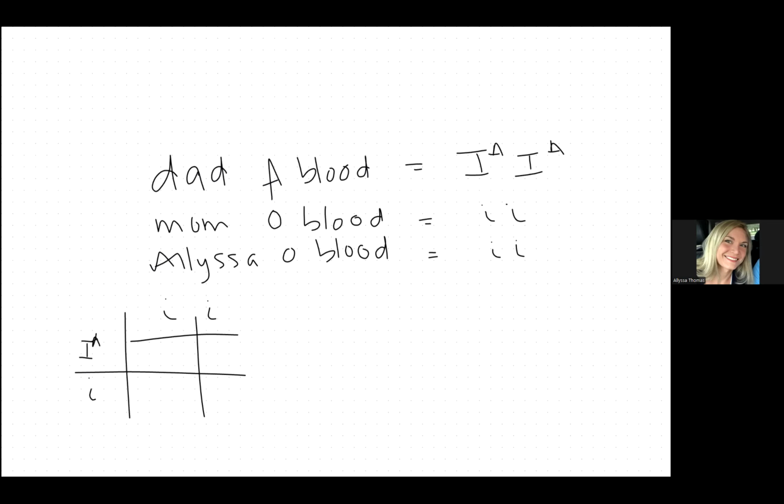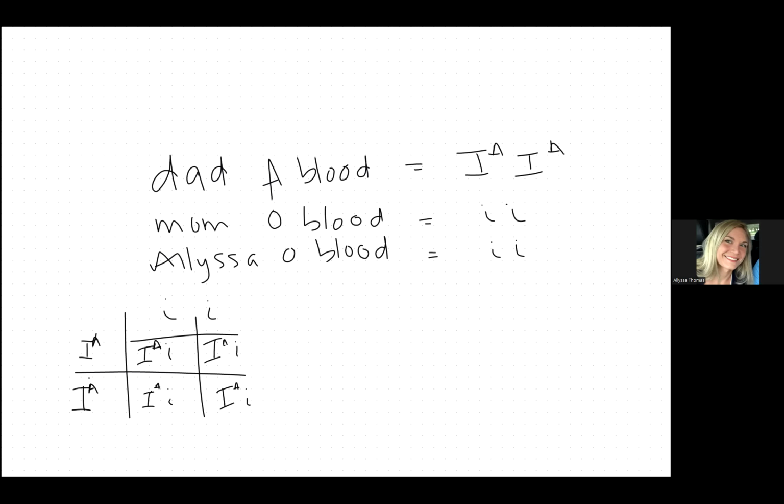If this is the case, and let me actually make him homozygous here, every scenario would come out that I would have A blood. So that can't be what happened, because then that wouldn't be my outcome.